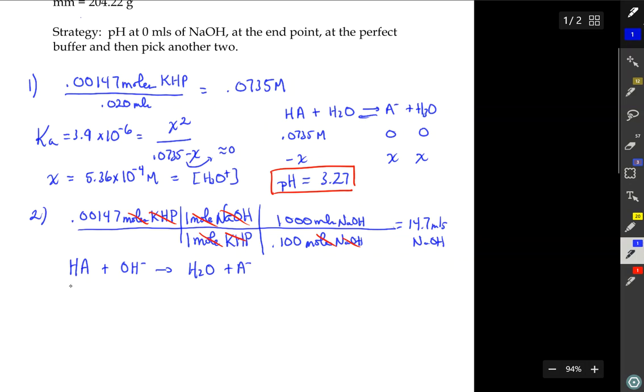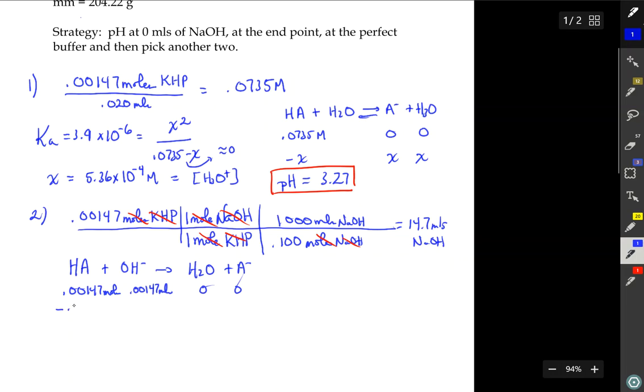We start with 0.00147 moles and 0.00147 moles, and start off at 0 there.